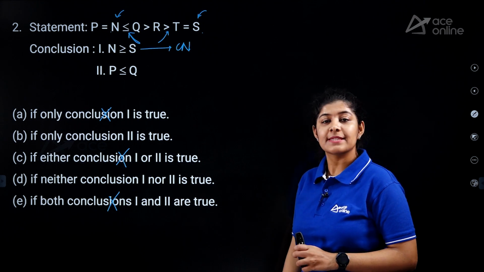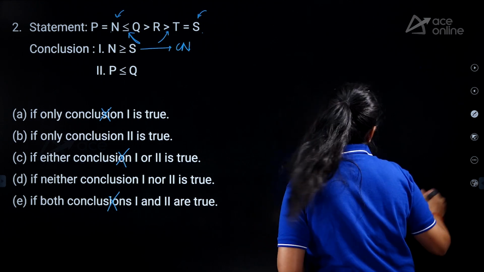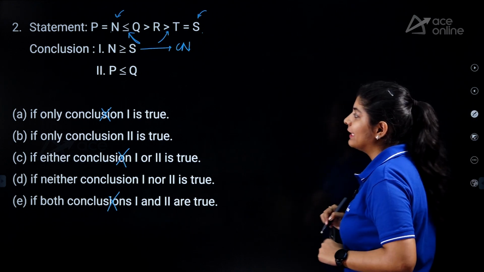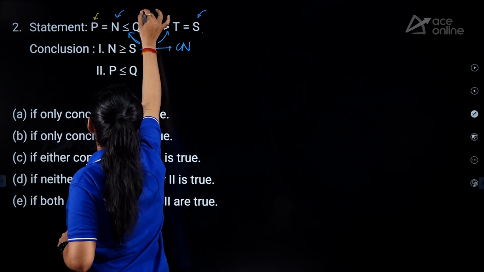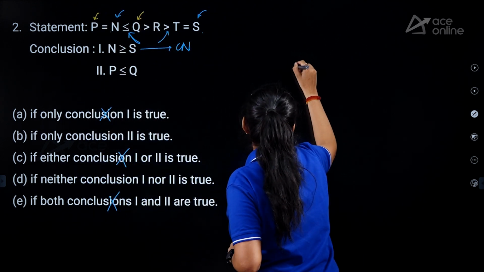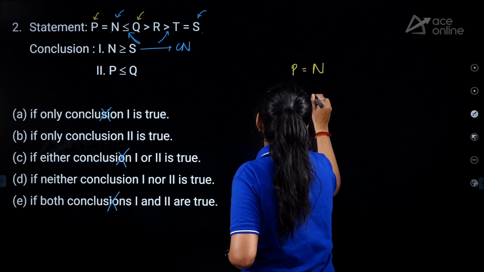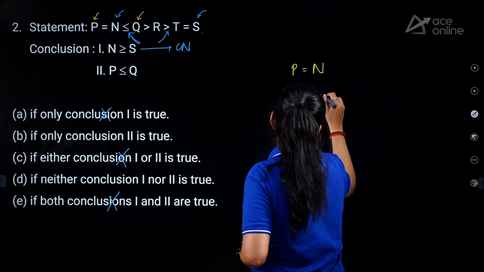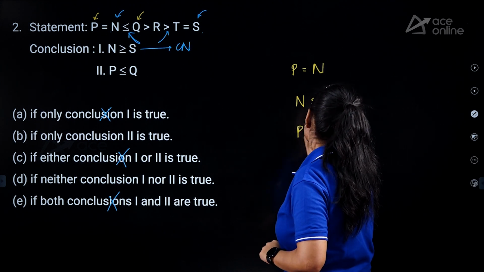Now, second conclusion. P is smaller or equal to Q. Here we are having P and here we are having Q. Okay. So if we write it like P equals to N. Okay. So it is given that N is less than or equal to Q. So in place of N, we can easily write P over here.